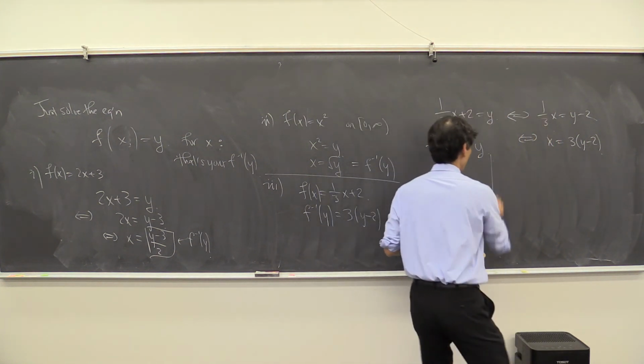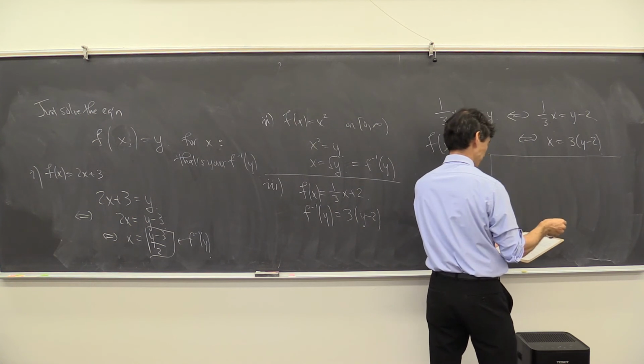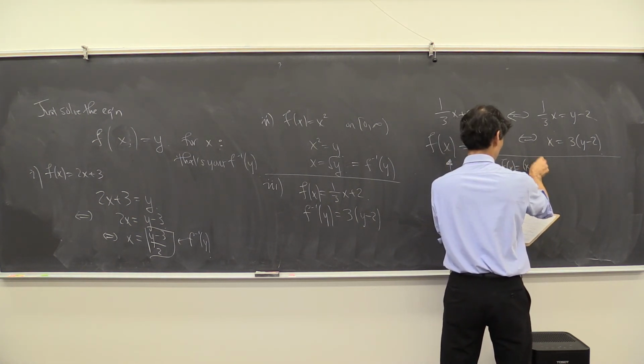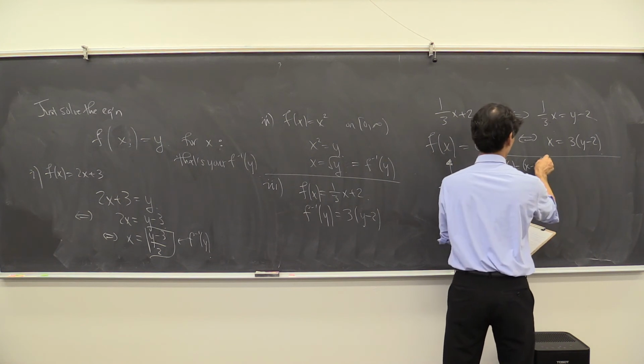Okay. Last one. f of x equals (x minus 3) cubed minus 1.